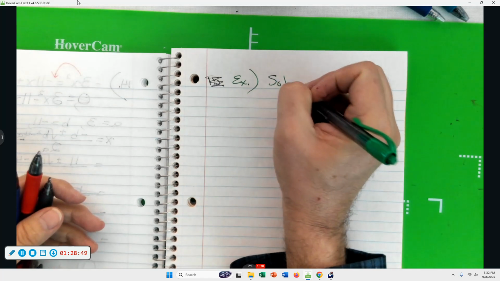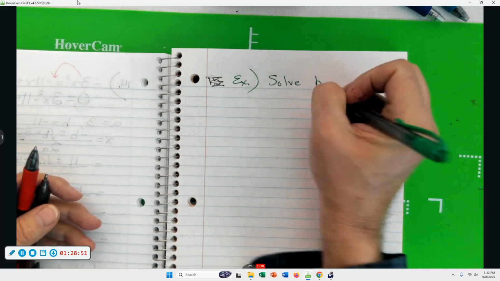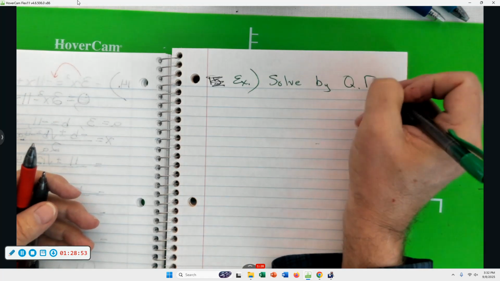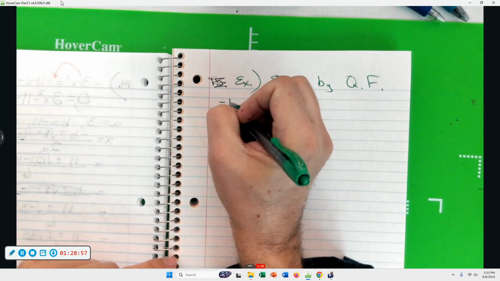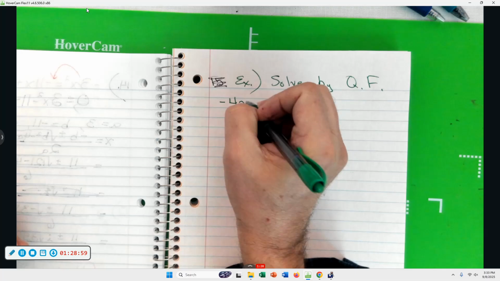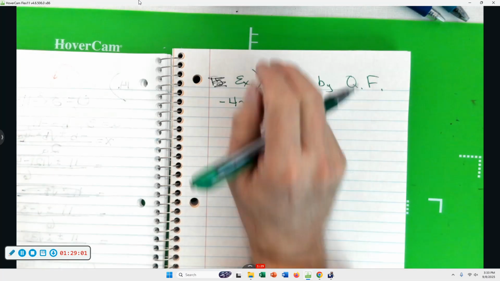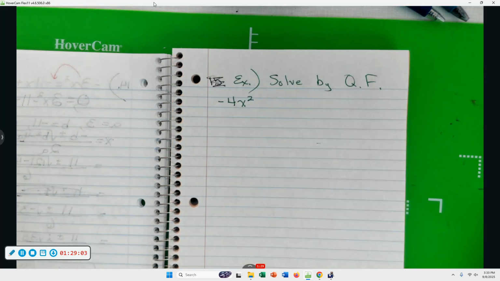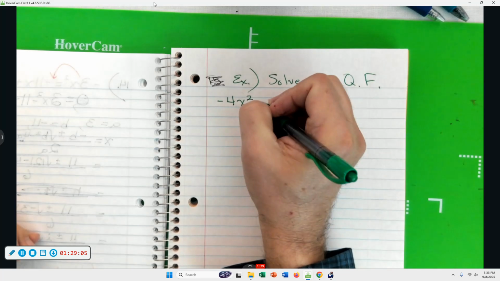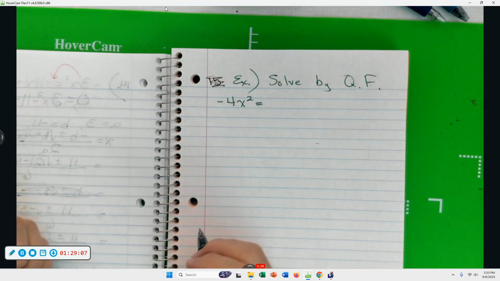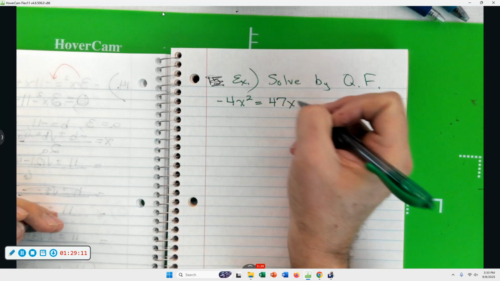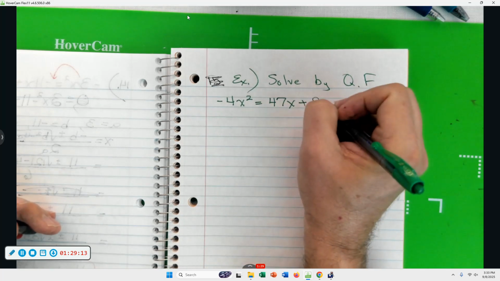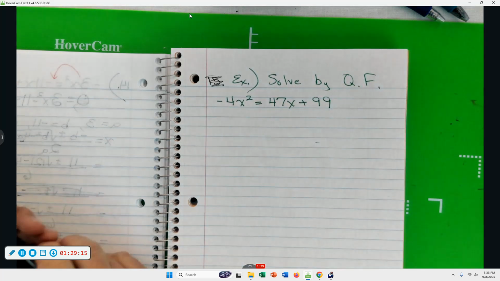Solve by the quadratic formula. Negative 4x squared is equal to 47x plus 99.